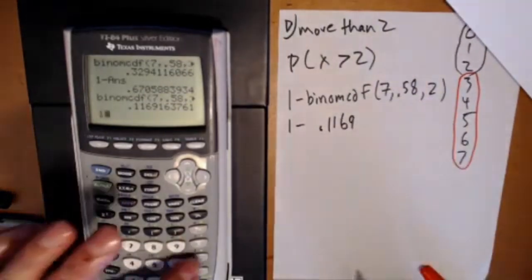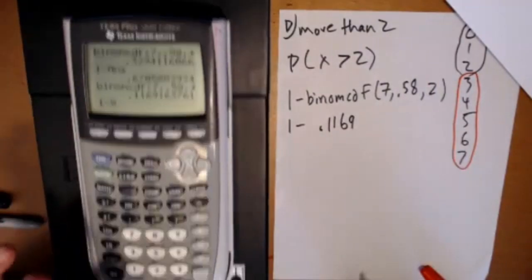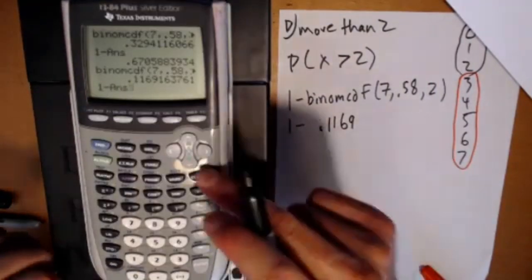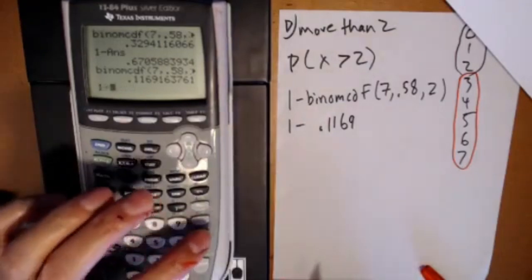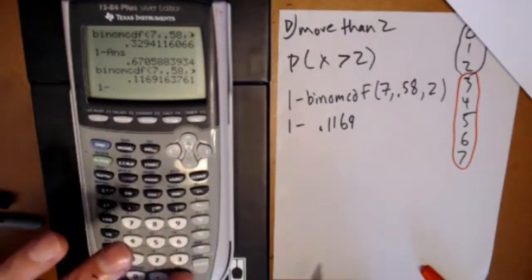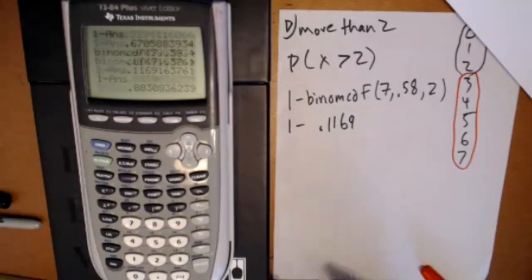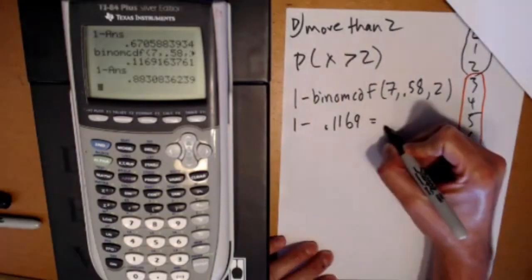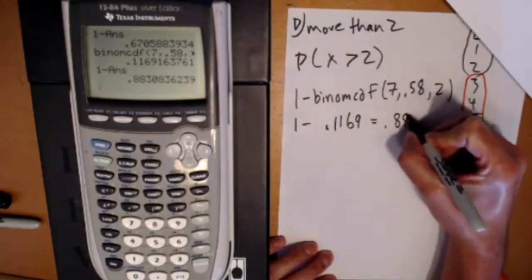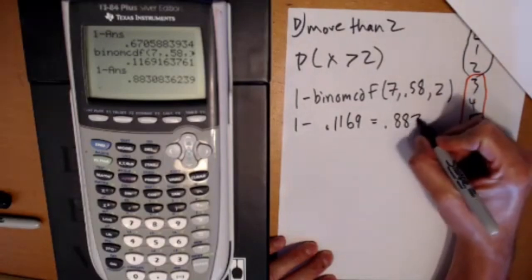So go 1 minus that answer. Do you see how I did that? 1 minus that previous answer. Enter, which gives us 0.8831.